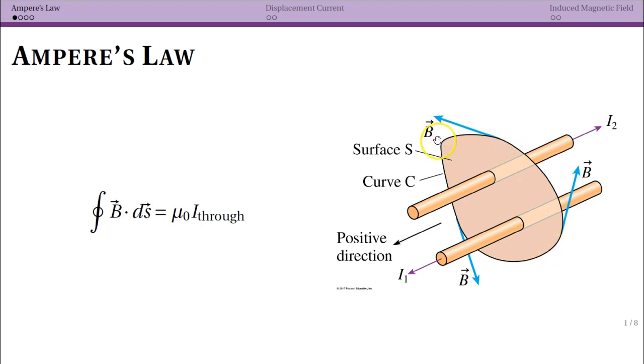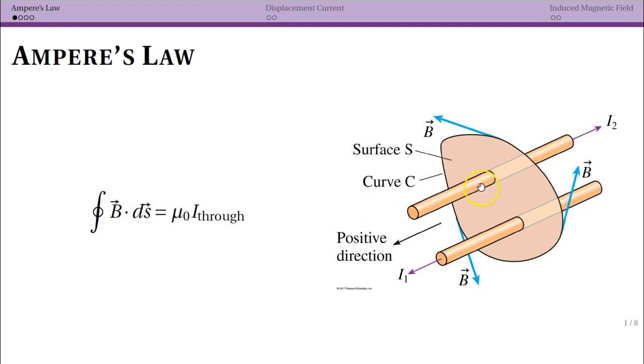So with this two-dimensional surface with this fixed edge, you would take a line integral along the outside, a path integral, of your magnetic field. This works best when you have a symmetry like circles. And then that integral is equal to mu naught times the current through.